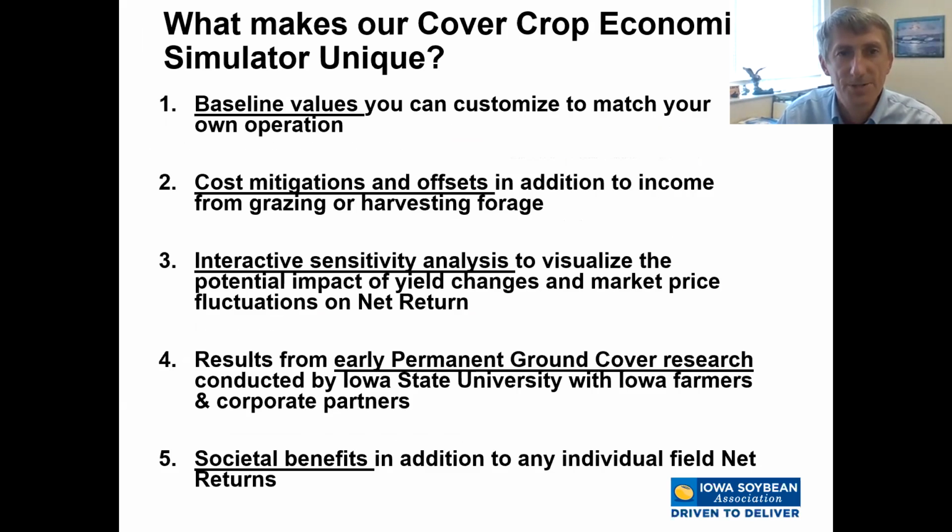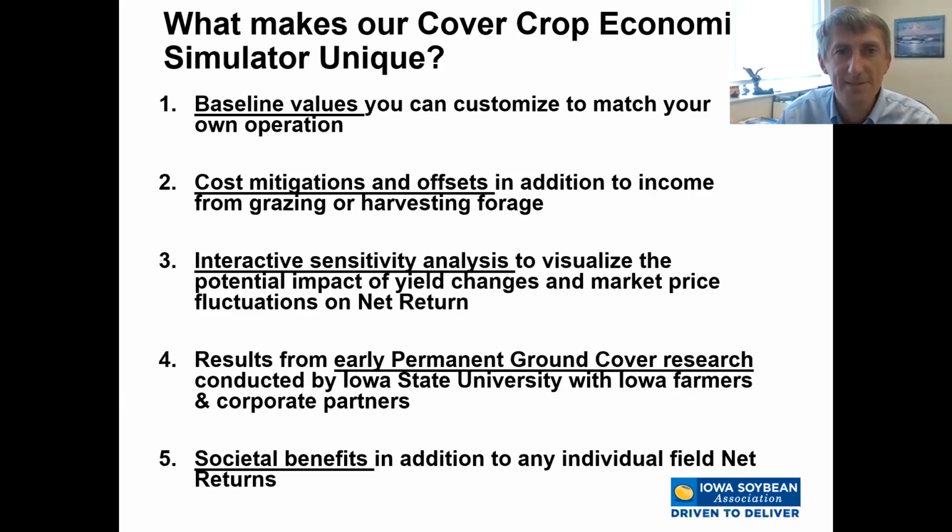The second unique feature is that we specifically focus on cost mitigation and offset options from different programs, and also on how to get specific or increased profitability chance using grazing and harvest of forage from cover crops. Unique feature number 3 is interactive sensitivity analysis.